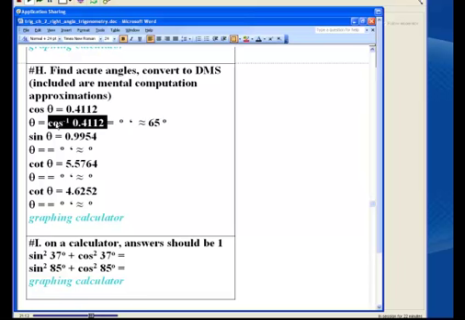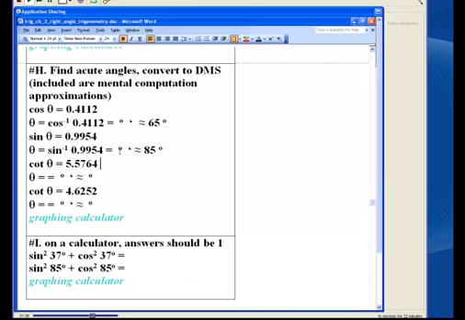This one here is the inverse sine of 0.9954, and that's going to be close to 1, which means it's going to be close to 90 degrees. I'll be careful here, 85 degrees.